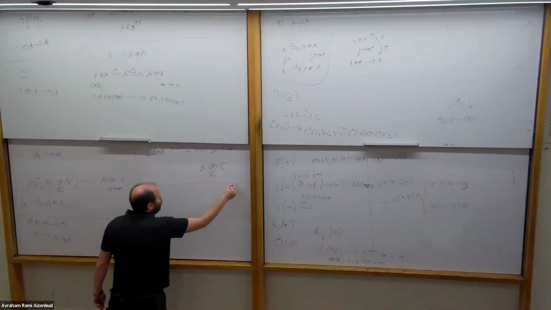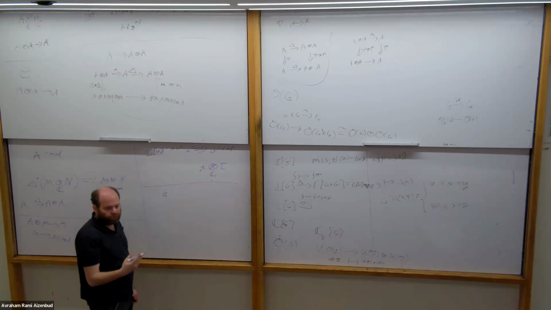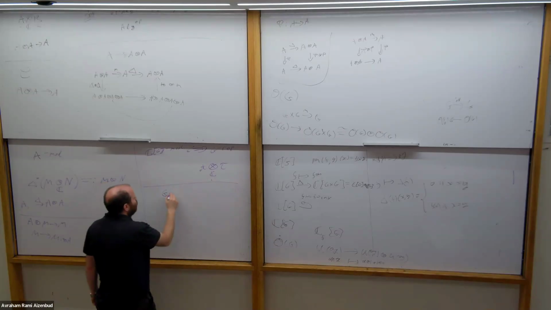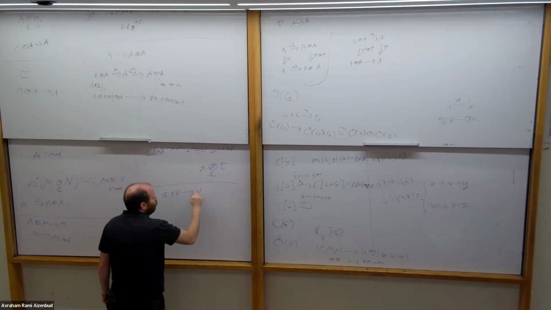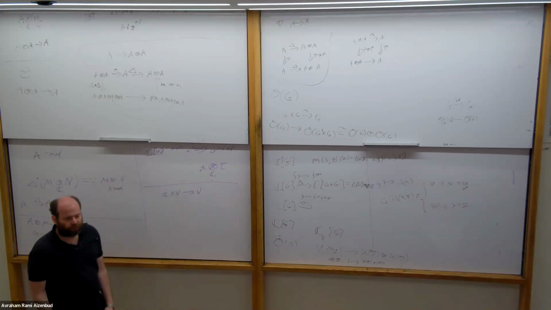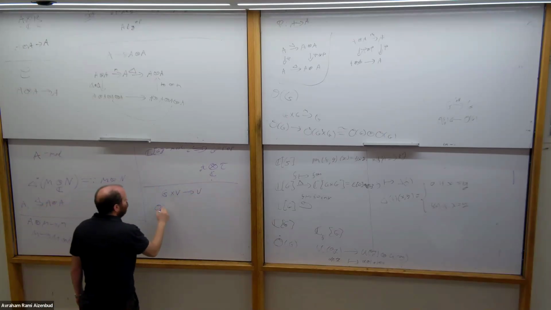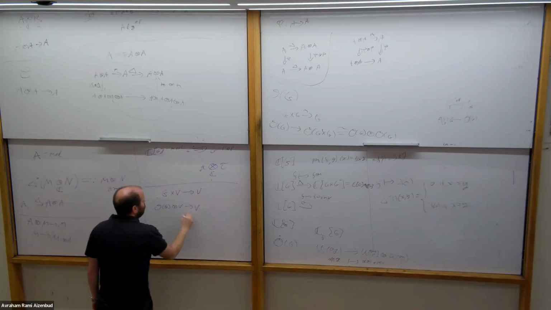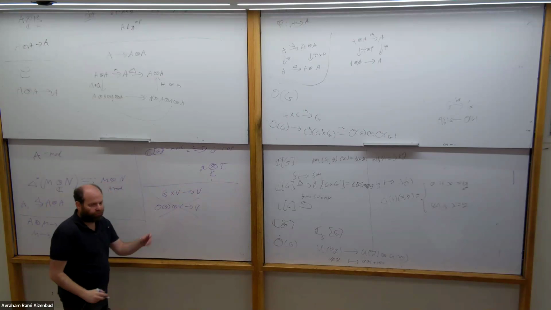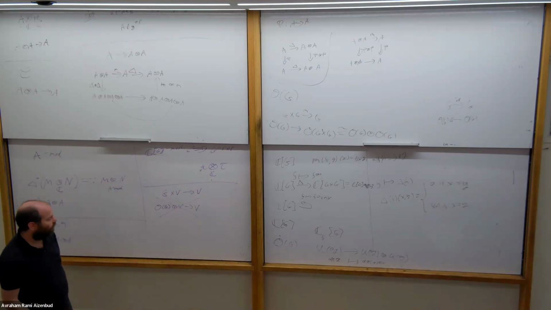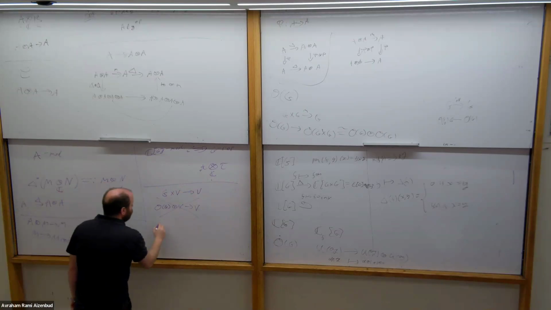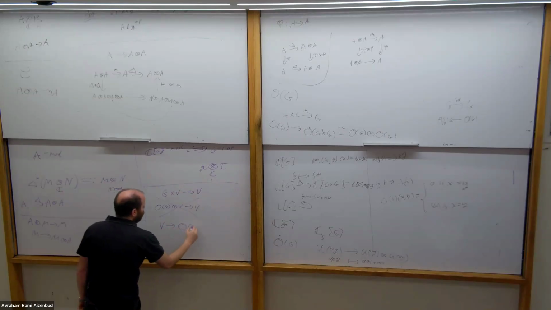Because each time we have an algebraic group G, what does it mean if we have a representation of G? It means we have a map from G times V to V. So this does not give you a map from O of G tensor V to V. You don't have a module structure of an algebra. But you do have a map from V to O of G tensor V.